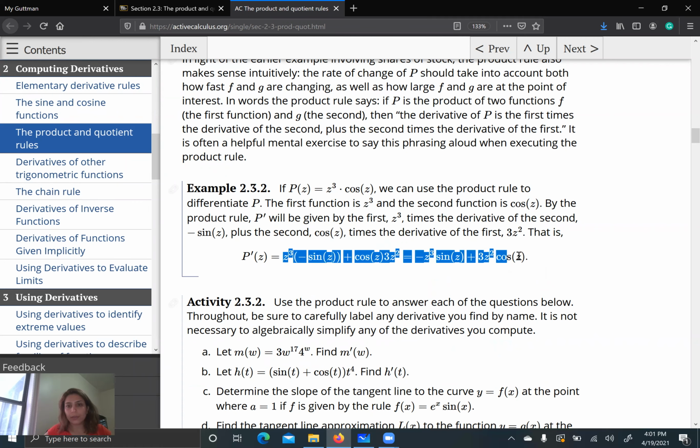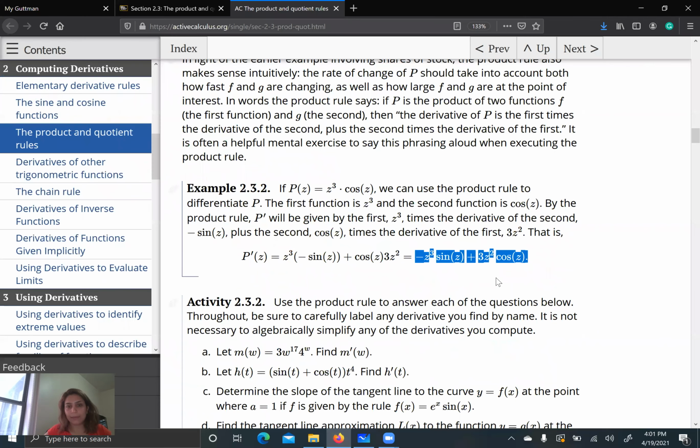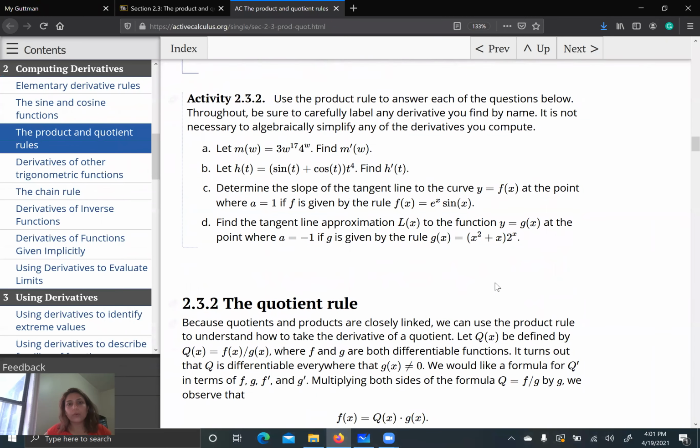You can also check the answer with the answer we have in the textbook. So let's practice this. Let's do the second activity in order to practice this rule in a couple of examples.